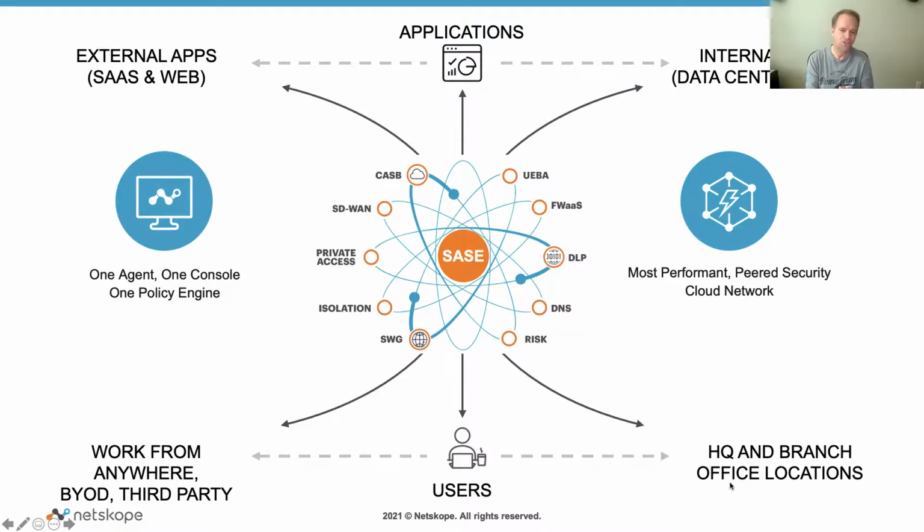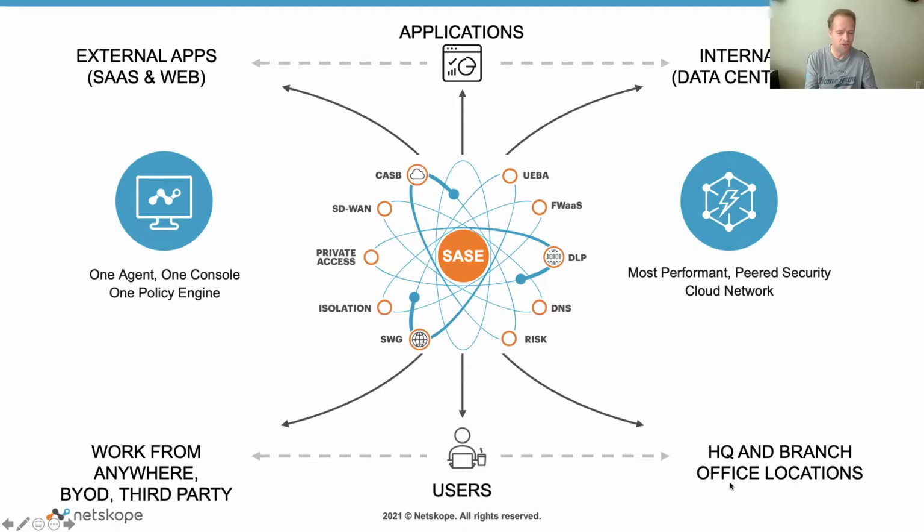So unification of the services is very core, but also how do you deliver these services as close to the user as possible? Now, this is where the network comes into play. Netskope has invested in one of the world's largest, fastest, and most connected private security networks. We call it Netskope New Edge. What this enables you to do is deliver all of these security services without introducing the traditional trade-off between performance and security.